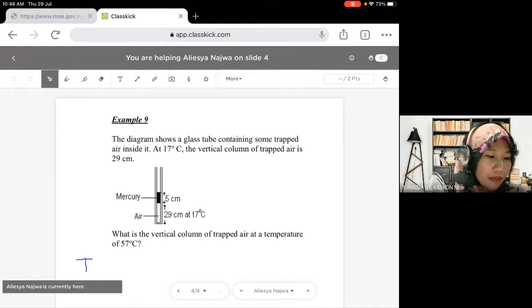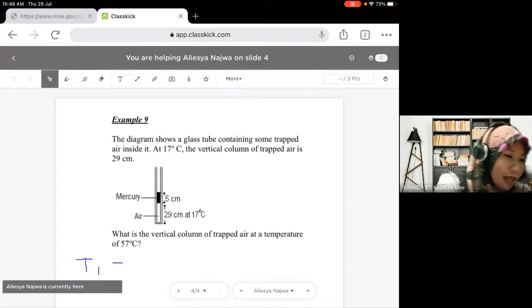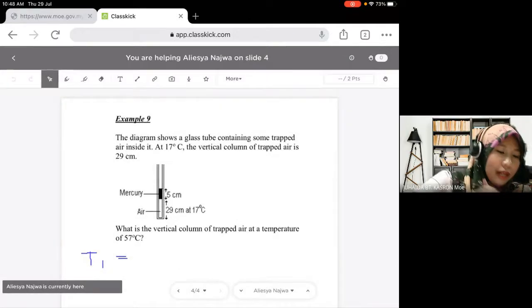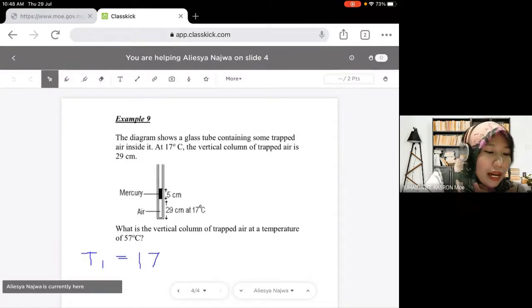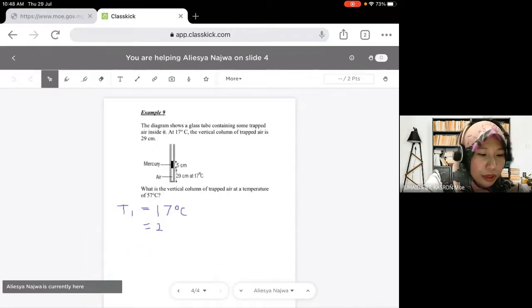Please write T1 as 17. So 17, you must convert to Kelvin. Okay, convert it into Kelvin. Very good. So you get 287 Kelvin.